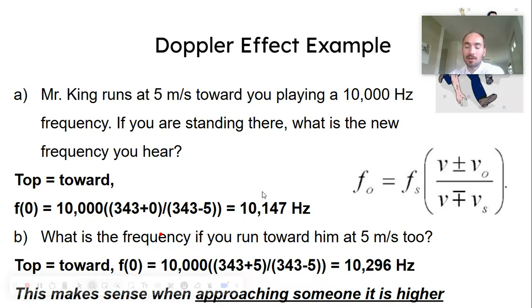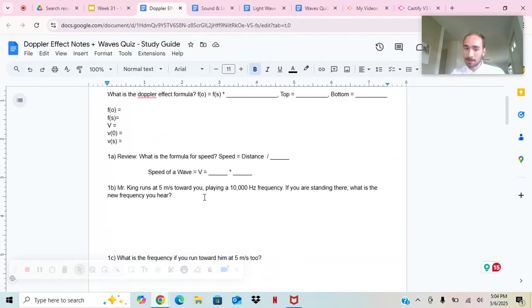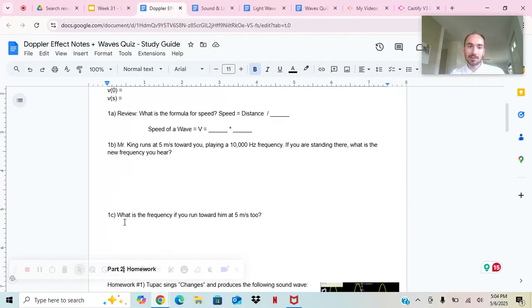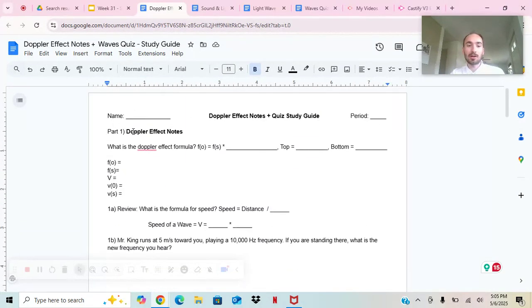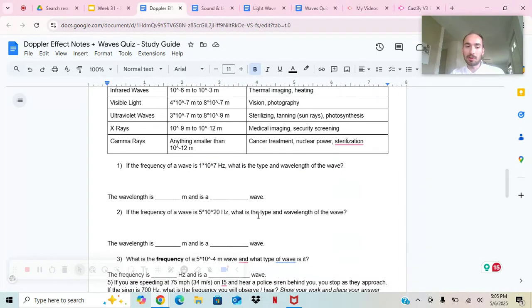You should have gotten 10,147, 10,296. This makes sense because when someone is approaching you, the pitch is higher. So if two people are going toward you, it'll be even higher than that. So based on the video, you should be able to answer the Doppler effect notes. And then the homework, you should be able to do all by yourself.